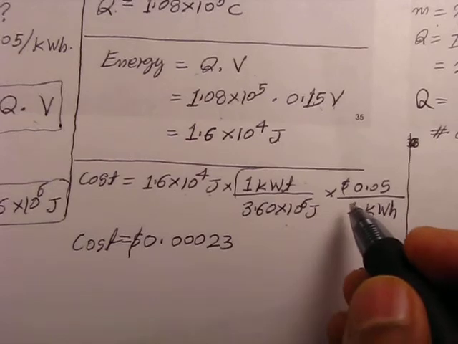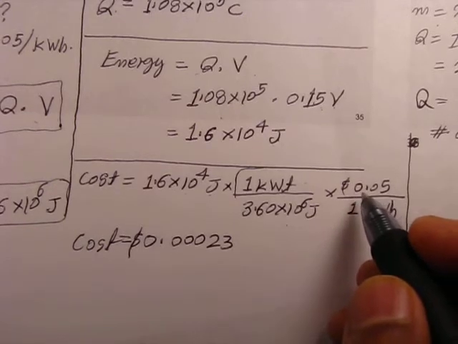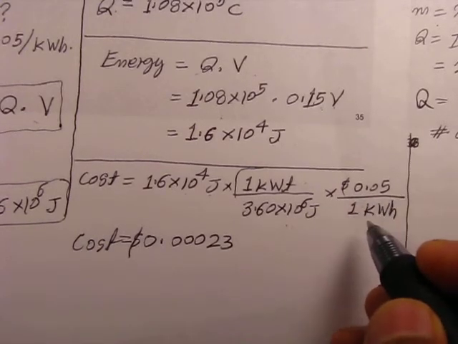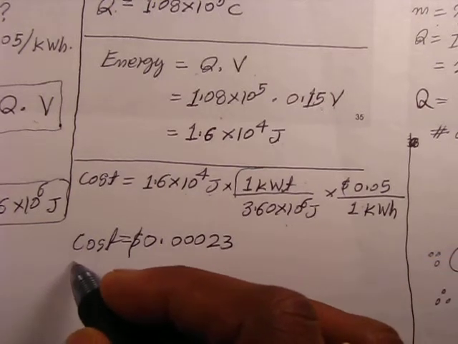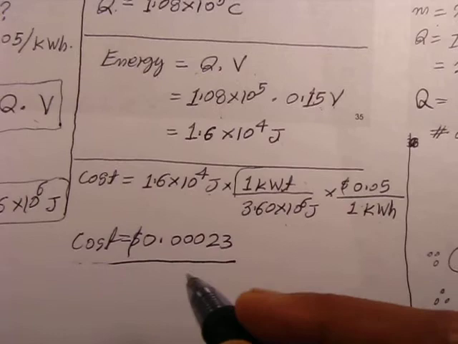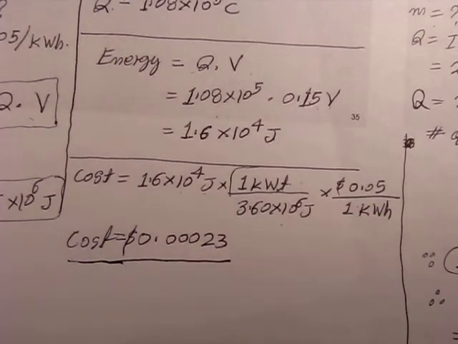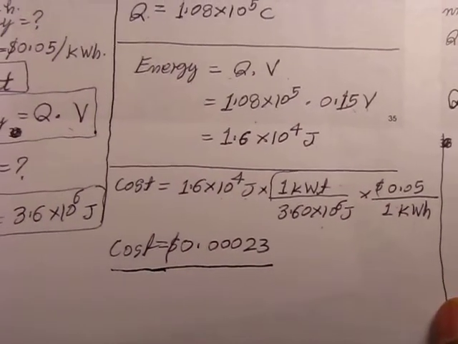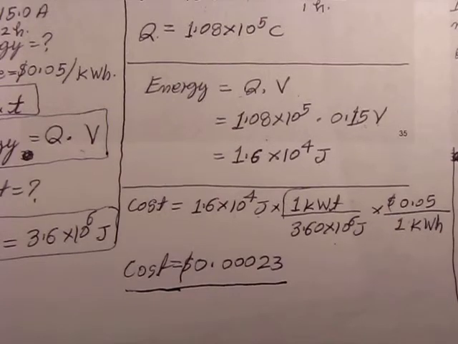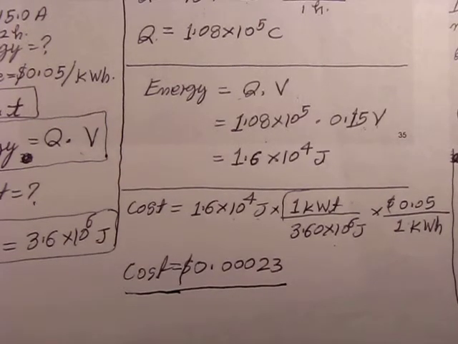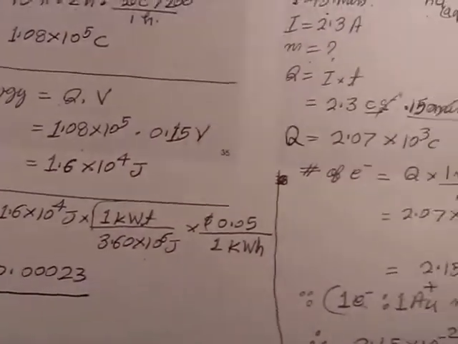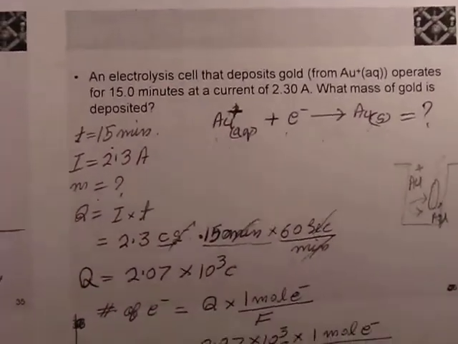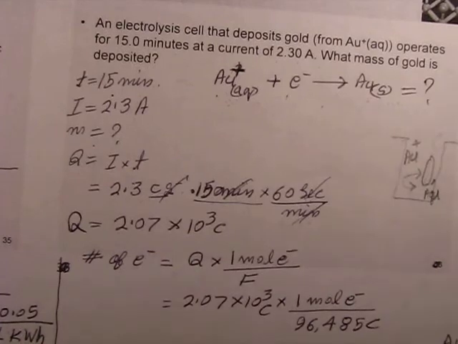Then we multiply it by the rate, which is $0.05 per kilowatt-hour, and the cost will be this much. So this is the way we can calculate the cost of the electric bill or utilities. Let's see one more example, and then we can wrap up here.